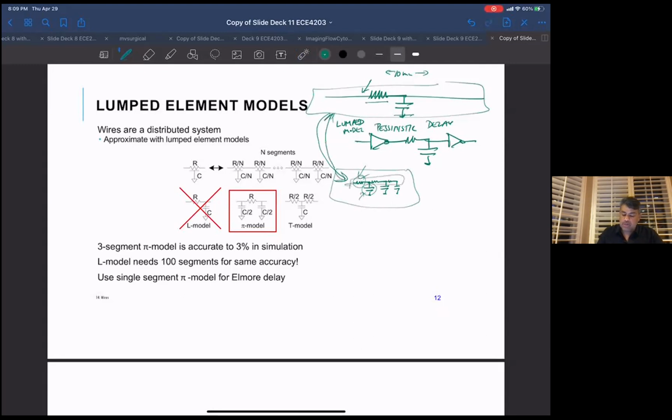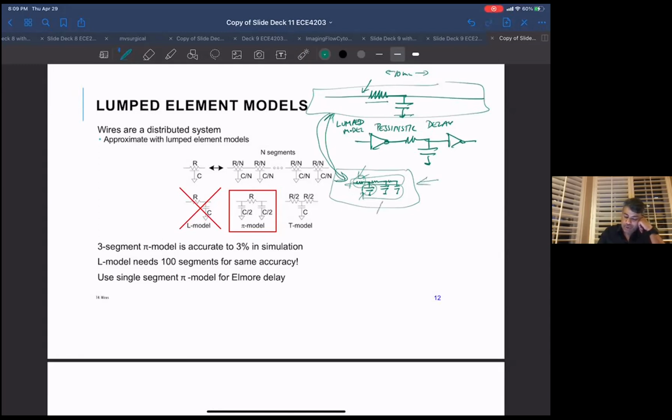You just add all the R's and add all the C's. You just use one R and C. And it turns out it's too pessimistic of a number. It's not going to give you an accurate number. It'll be slower than an accurate number.